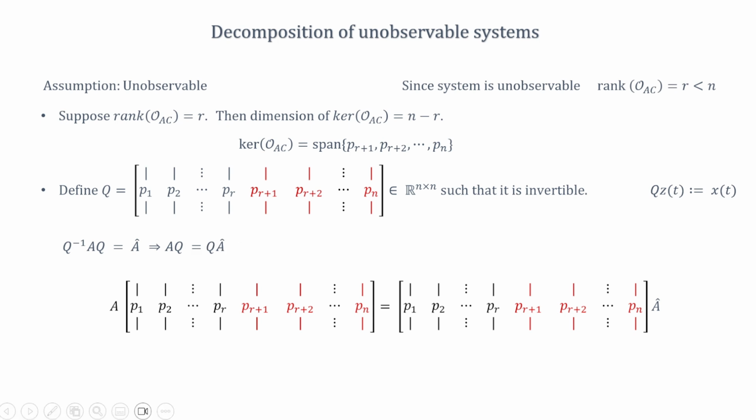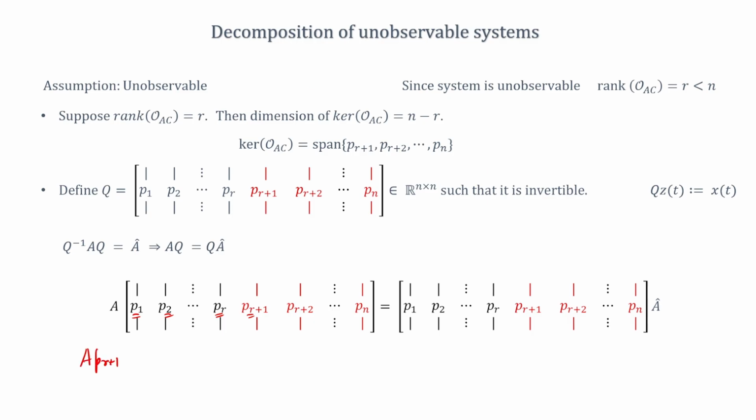So AQ is equal to Q A hat, and notice now that A of p1 will give you some vector, A of p2 will give you some vector, similarly A of p r plus 1 will give you some vector.